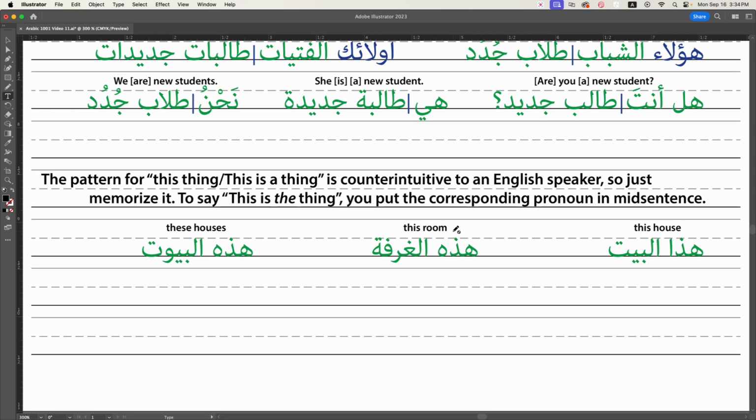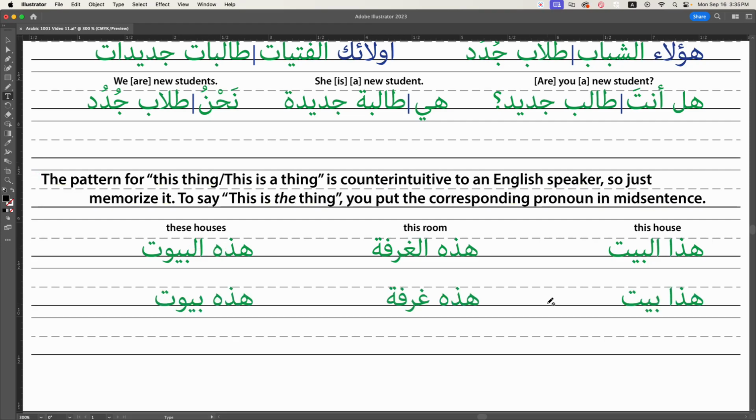And this means this room. And then again, non-human plural is feminine singular. So هذا البيت, this house, becomes هذه البيوت, these houses. Because houses are not people, we have to call them she when they're plural, not he or they. So هذه البيوت, these houses.